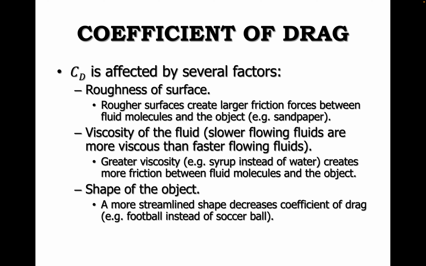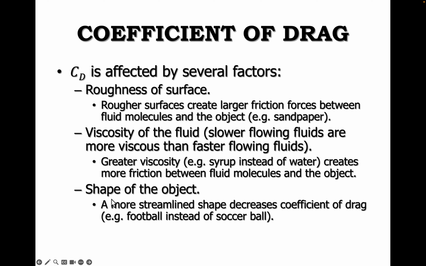Syrup is a lot slower moving, therefore syrup is going to have greater viscosity compared to water. So if you were to swim in a vat of syrup, you would have to expend a lot more energy to move through syrup than you would through water, because a more viscous fluid creates more friction between the fluid molecules and the object.